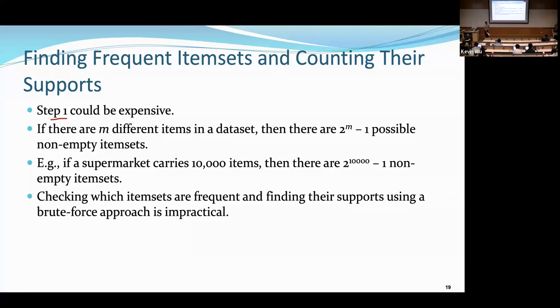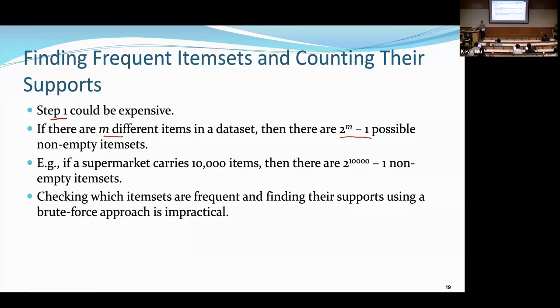So let's see why it is so expensive, okay? Now, if there are M different items in a data set, there are essentially 2 to the power M minus 1 possible non-empty item sets.